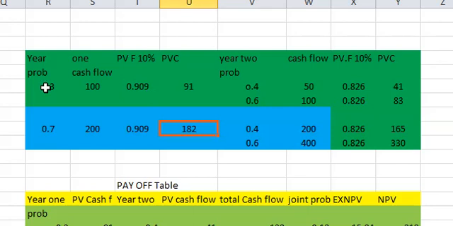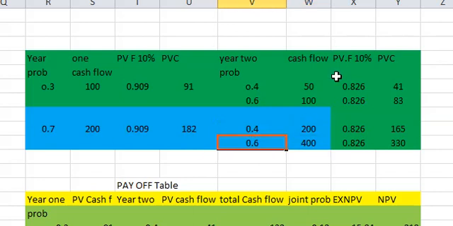If your probability was 0.3, there are chances that the cash flow can be 50 when the probability is 0.4, or 100 if the probability is 0.6. If the probability was 0.7, chances that cash flow can be 200 if it's 0.4, or it can be 400 when the probability is 0.6.